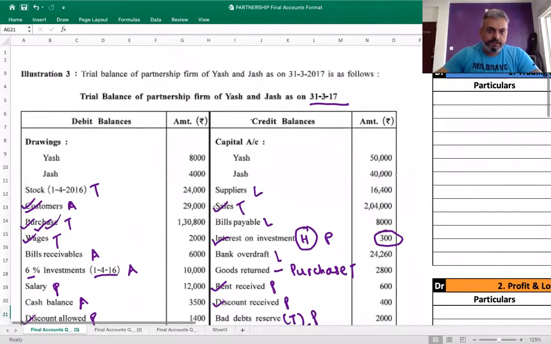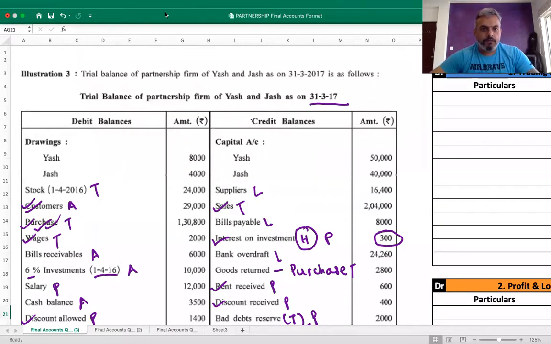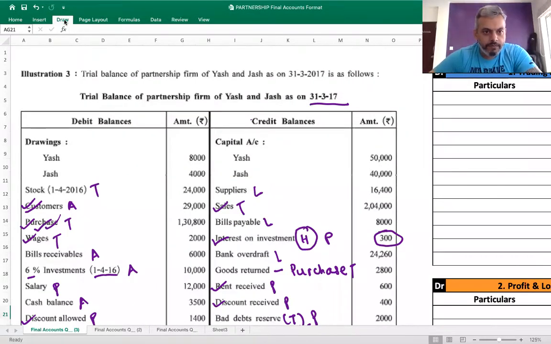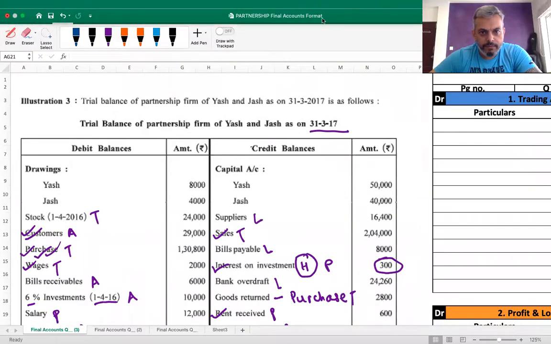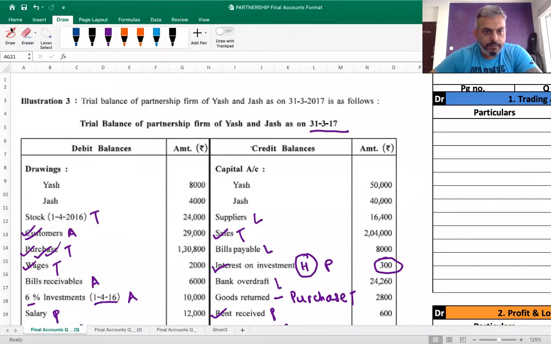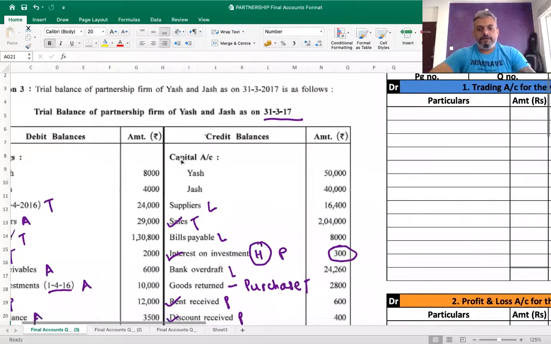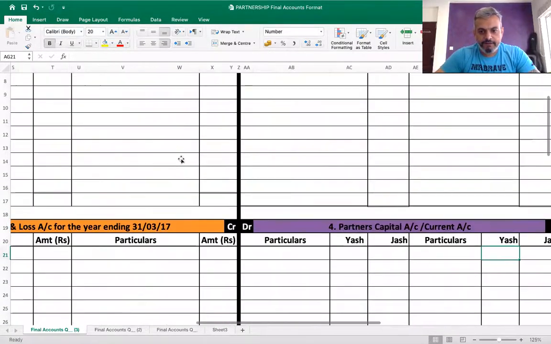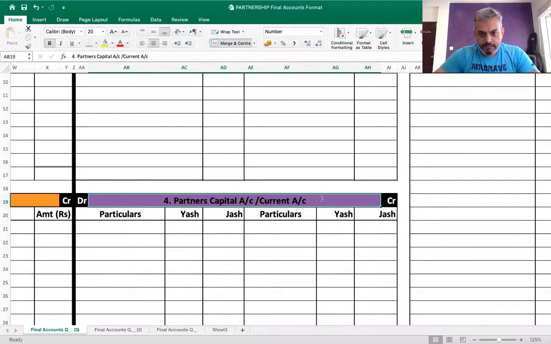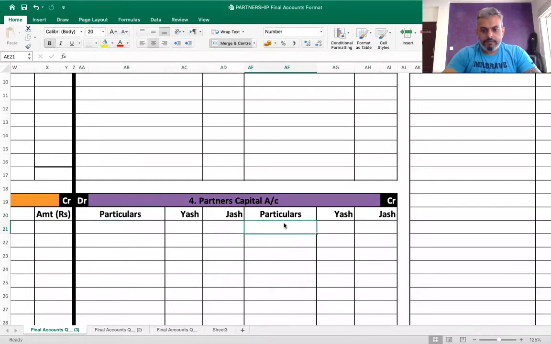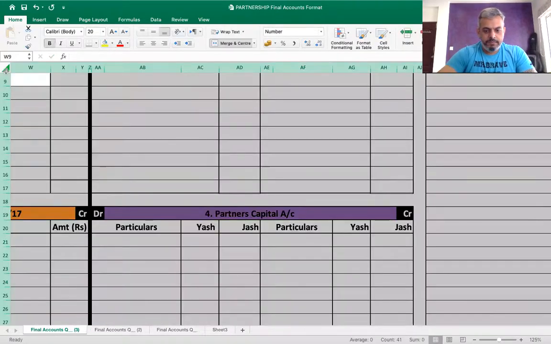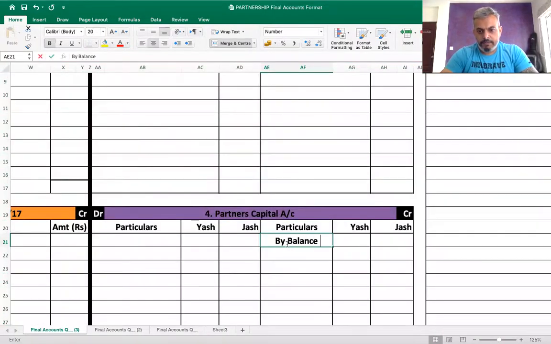Now let's start the sum. Okay, we start with capital 50,000 and 40,000. Balance brought forward.